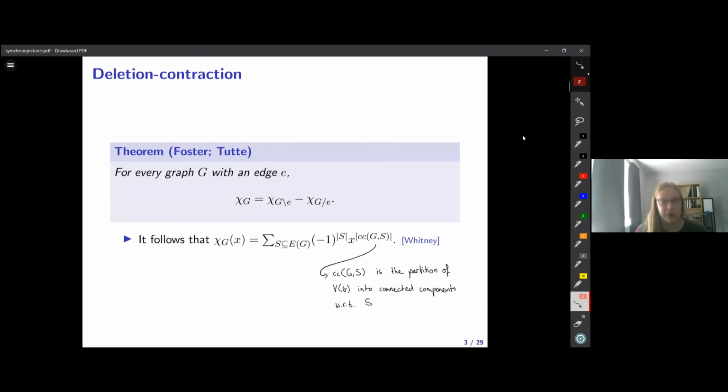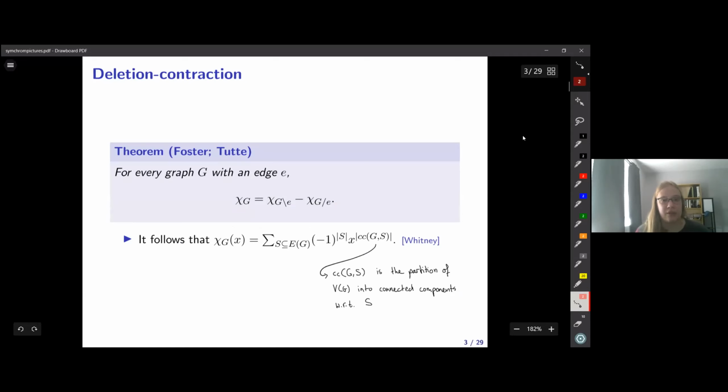And if you've heard of the chromatic polynomial, you probably know the first fact about it, which is a theorem that Tutte credits to Foster, and it's just that this satisfies a deletion-contraction relation. Namely, the polynomial chi-G for graph G is equal to that polynomial with any fixed edge e deleted minus the polynomial with the same edge contracted.